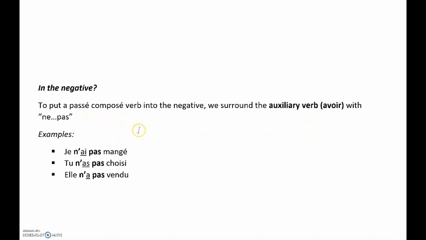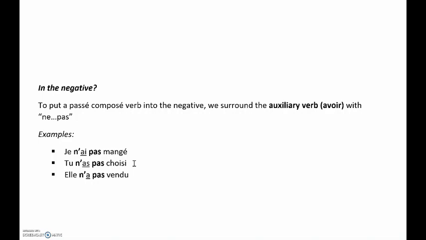Okay, so the whole thing isn't surrounded, the past participle isn't surrounded, it's the avoir part that's always going to be surrounded by ne pas. So my three basic examples here again, I've got je n'ai pas mangé, I did not eat. Tu n'as pas choisi, you did not choose. And elle n'a pas vendu, she did not sell.